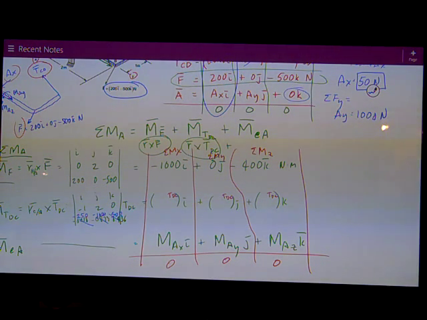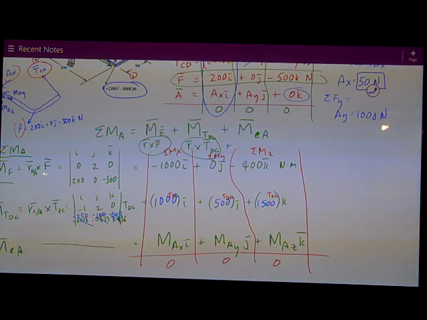That makes that determinant a lot easier to solve, and that makes these numbers just numbers, not variables. 1000I, 500J, and 1500. That can't be right. Oh yeah, it is right because that's evaluating the determinant.